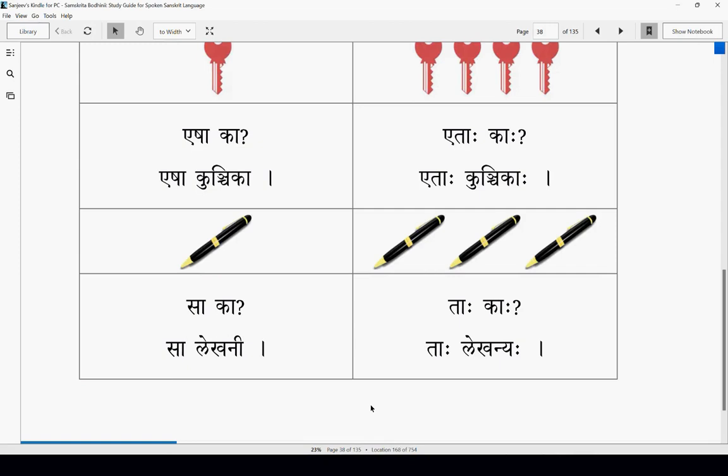Saha Sundaryaha. And then the other one is Putri. What is the bahuvachanam? Putriyaha. Samyak. Samyak means correct.